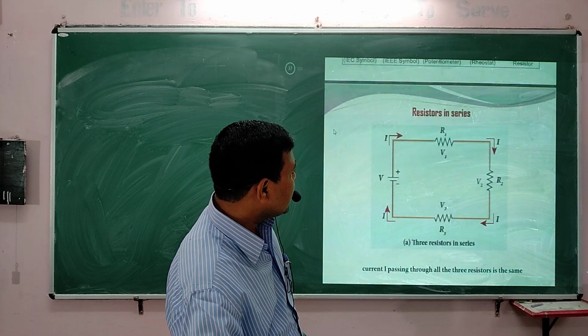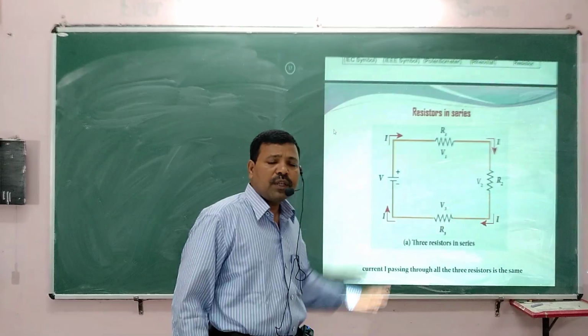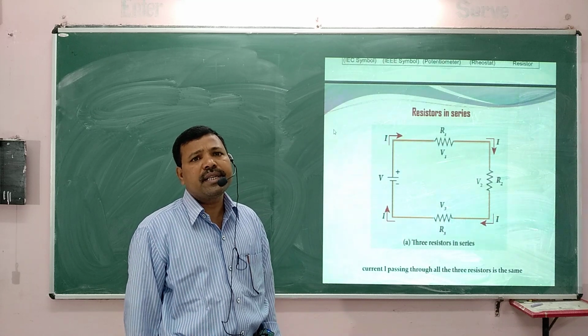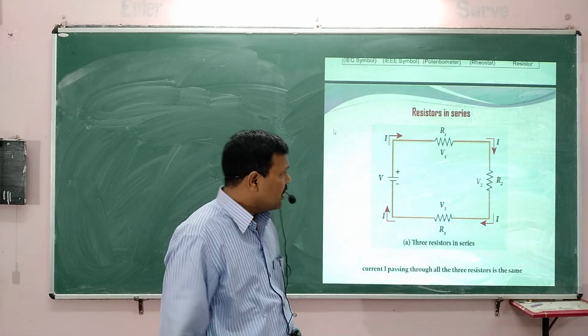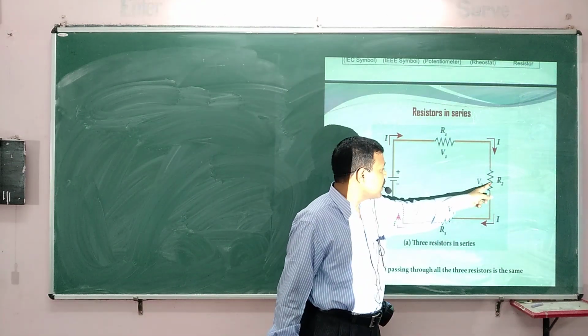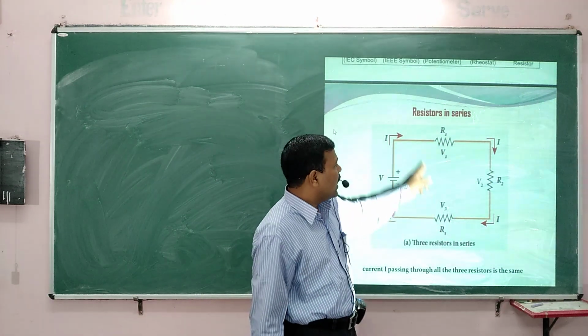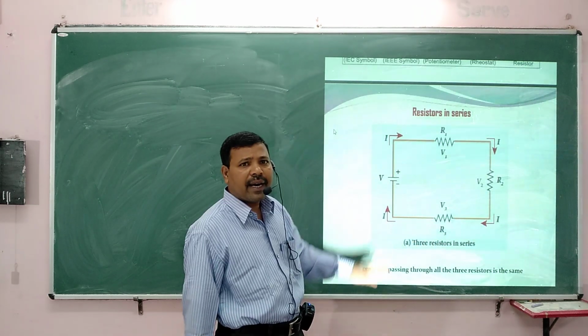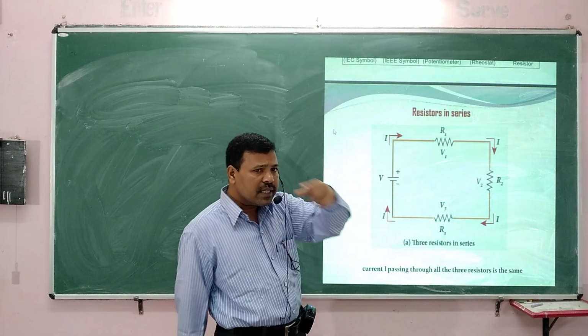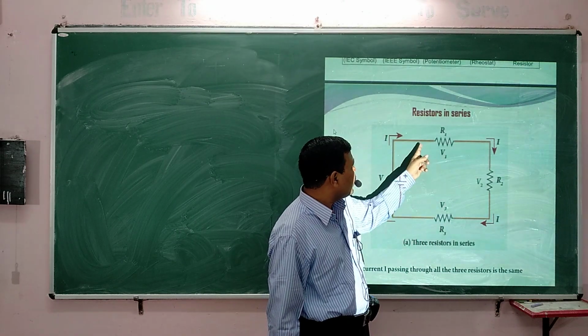Now, let us look into how resistors are connected in series. There are three resistors here: R1, R2 and R3, and all of them are connected in series. Series connection means end-to-end connection.